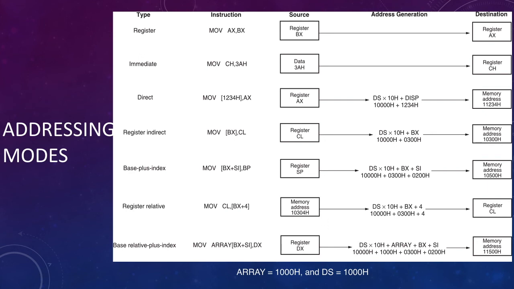Then we have register indirect addressing. Here the data is transferred between a register and a memory location, but the memory location is addressed by another register. An example is MOV [BX], CL. Whenever you put anything in brackets, that refers to an address.